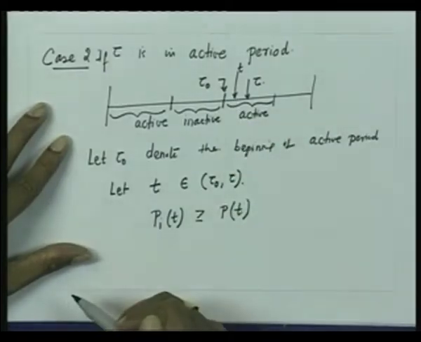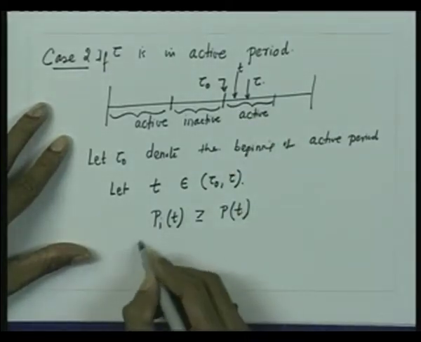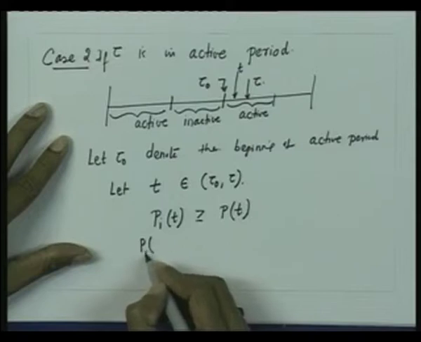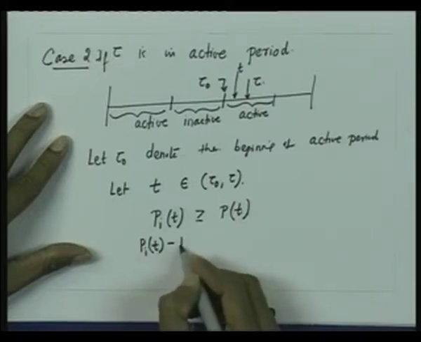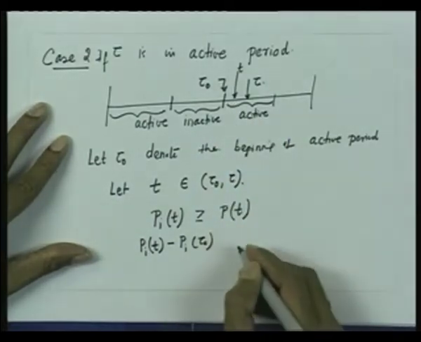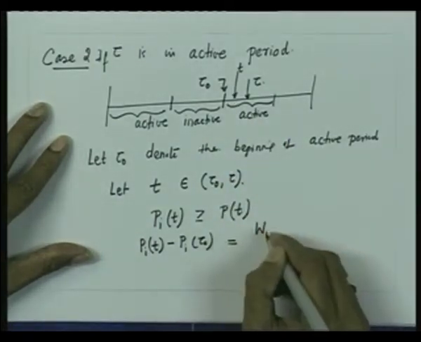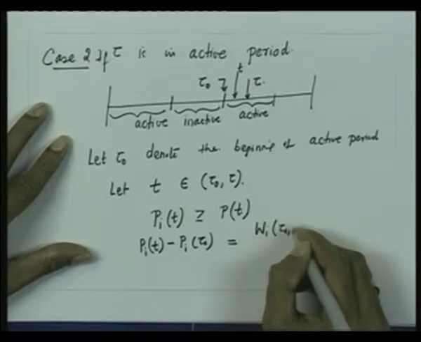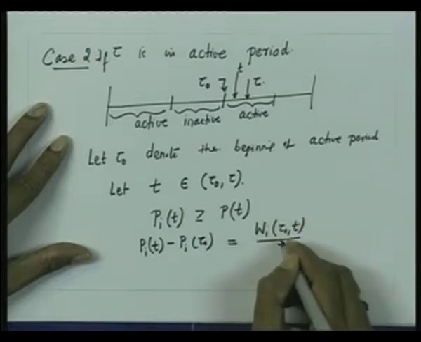Since tau naught is the beginning of the active period, we should also have that Pi(t) minus Pi(tau naught) should always be equal to Wi(tau naught, t) upon rho i.